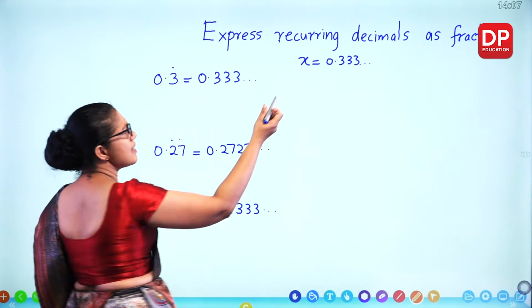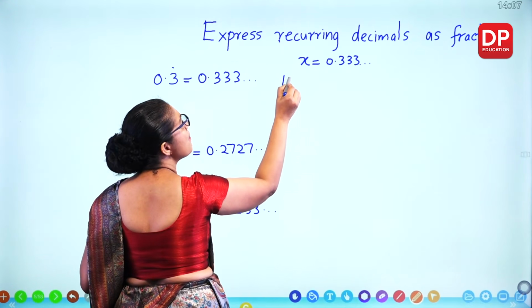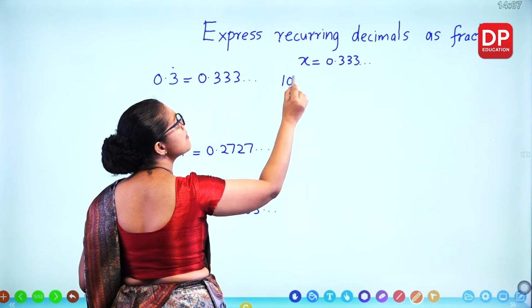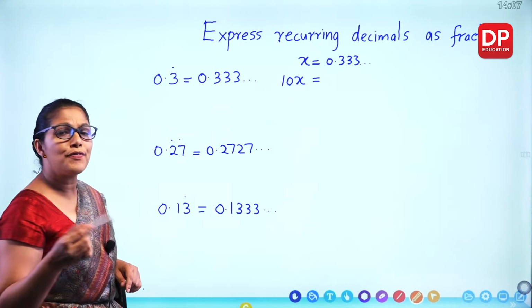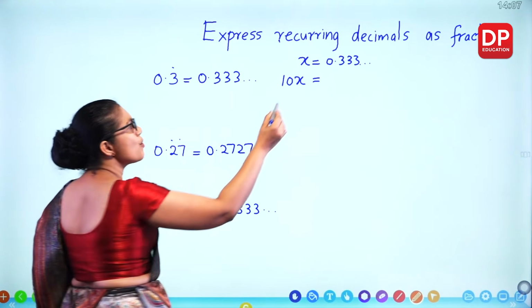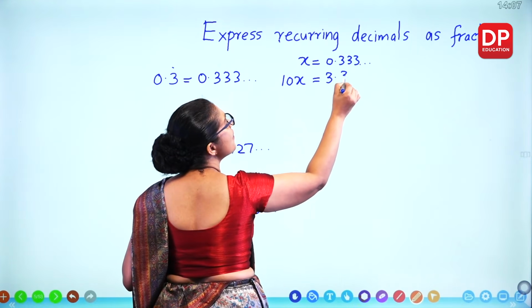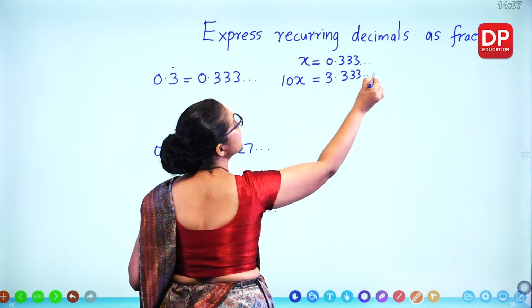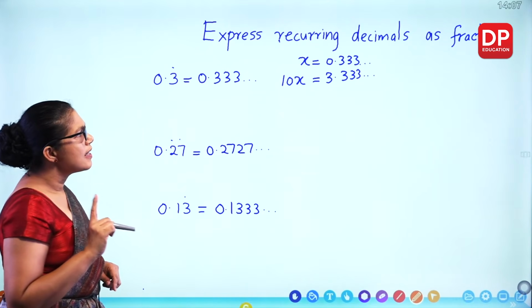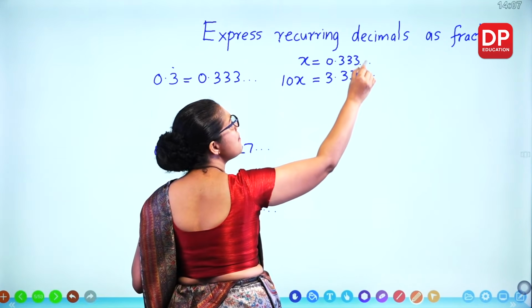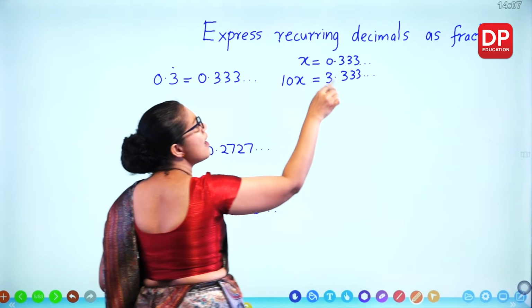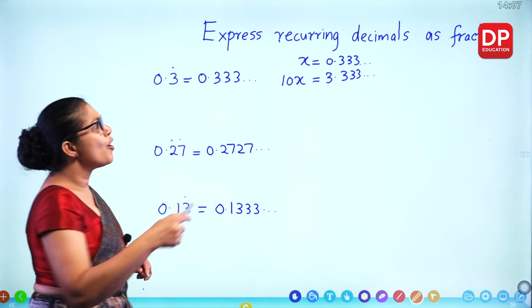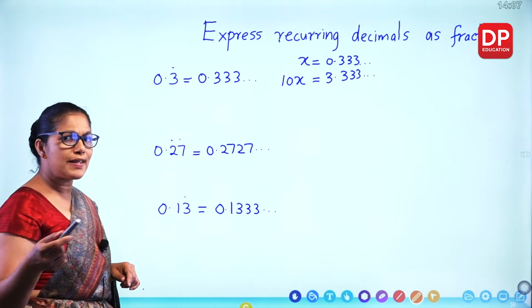So first we can multiply by 10. So x multiplied by 10, you get 10x. So 0.333 multiplied by 10, you get 3.333 like that. Now what happens? Are we getting the same set of decimals here? Yes, after the decimal point, we see 0.333 like that.